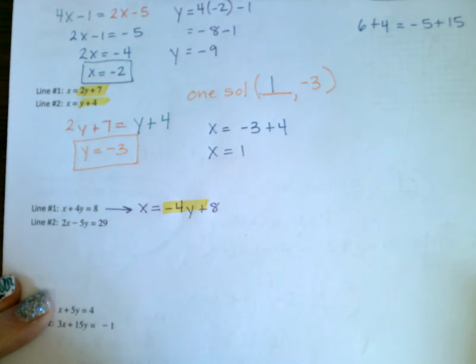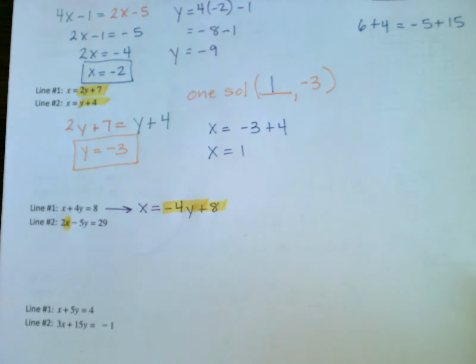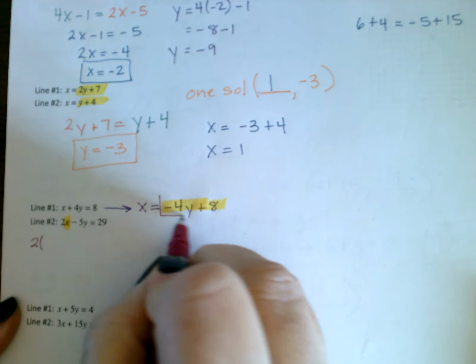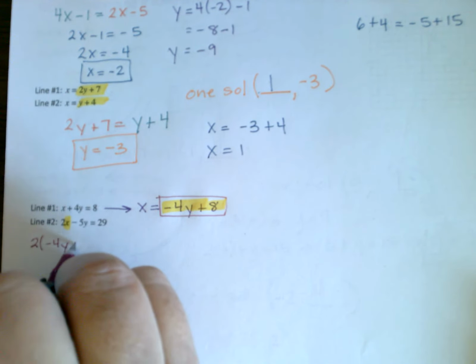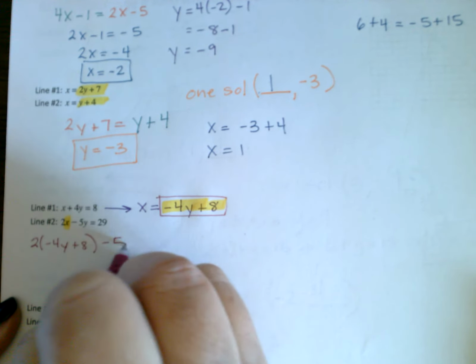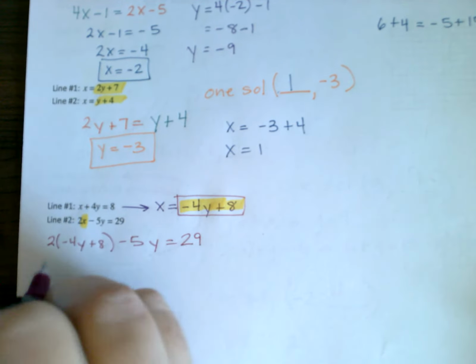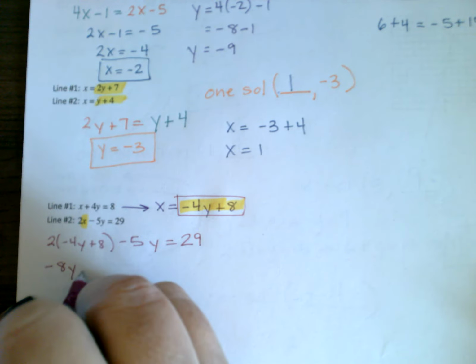Well, now I know what x equals, so I will take that information and substitute it carefully into the second equation. I will have 2 times all of that, because that's what x equals. You need to distribute first.